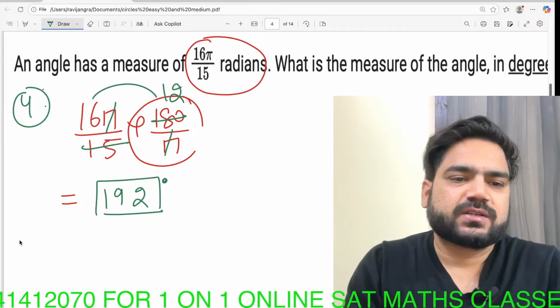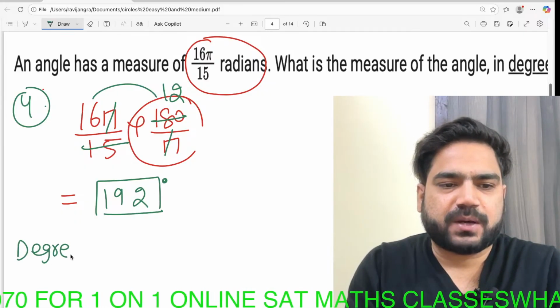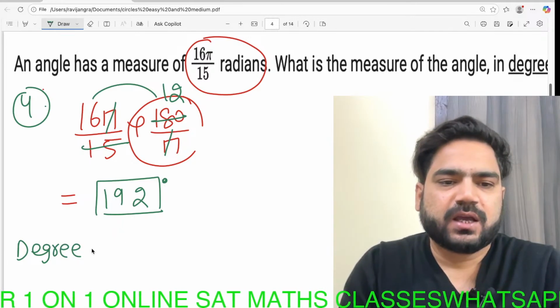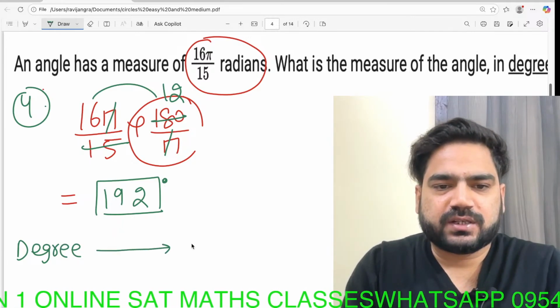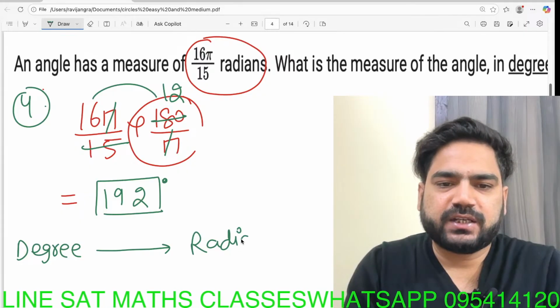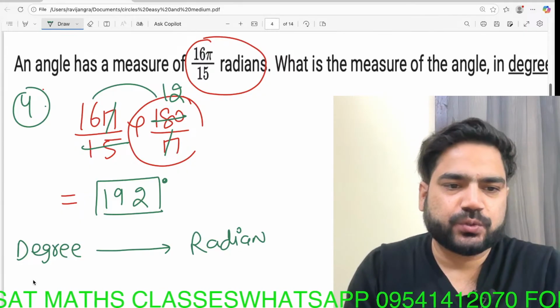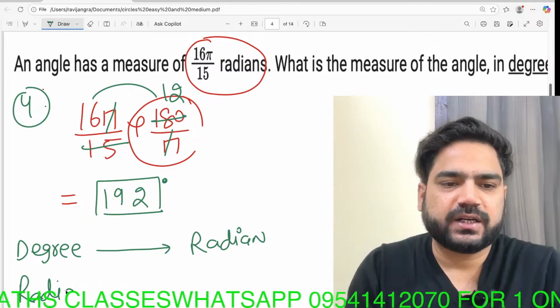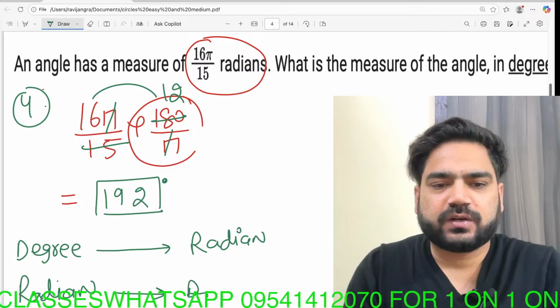So see, we have two things in this part, in trigonometry and circles. One thing is degree and one thing is radian. They will give you an angle in degrees and say to convert it into radians, or vice versa. They will give you an angle in radians and say to convert it into degrees.